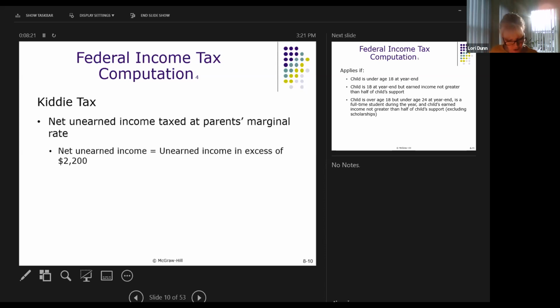Okay, that's chapter 7. Okay, let's go to the kiddie tax. I always remember this one because when I was in college in my senior year, I was doing an internship at the company I worked for 6 years after I graduated. And my tax teacher came in on weekends and helped them with tax returns.